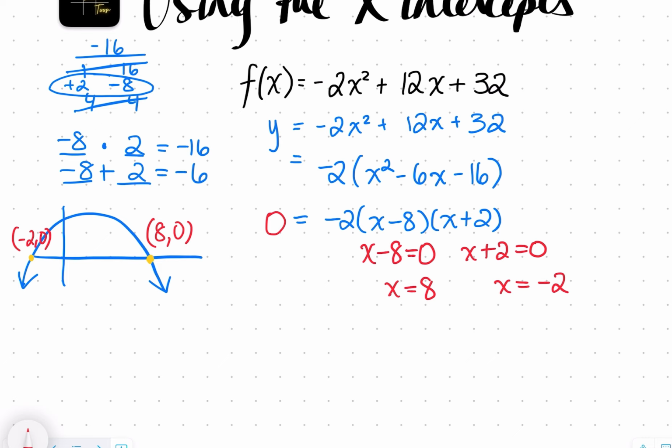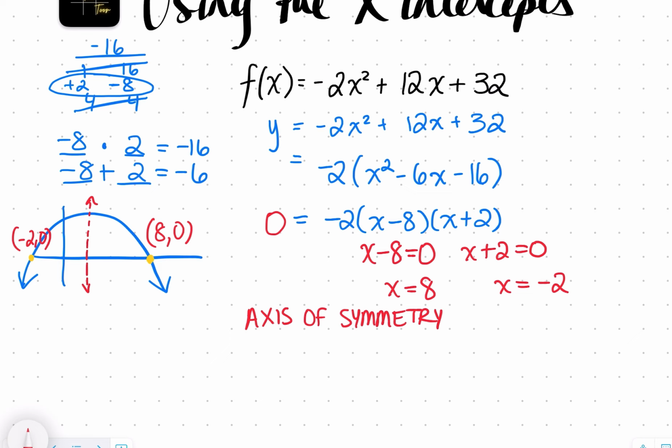Using the x-intercepts, I'm going to now find what's called the axis of symmetry, which is basically the mirror line that goes down the middle of a parabola. Because parabolas are symmetric in nature, on either side of the axis of symmetry, we should see a mirror image of the parabola.